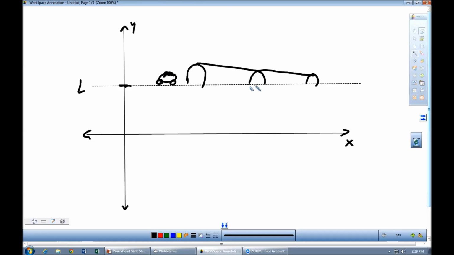Can the car shrink down to fit under a 1-foot tunnel? I can make that tunnel arbitrarily small. So I should be able to make that tunnel a centimeter tall or a millimeter tall. And the car has to be able to continue to shrink to fit inside that tunnel, getting closer and closer to L.